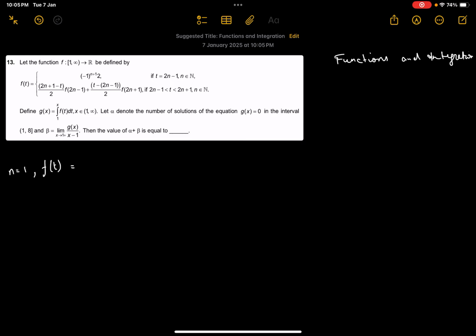so let's first generalize. One thing to note is that f(2n-1) would be the negative of f(2n+1).